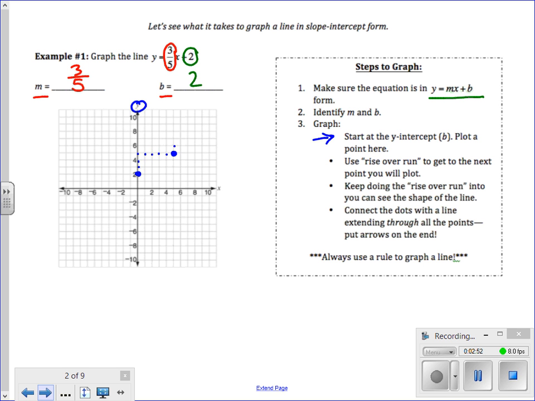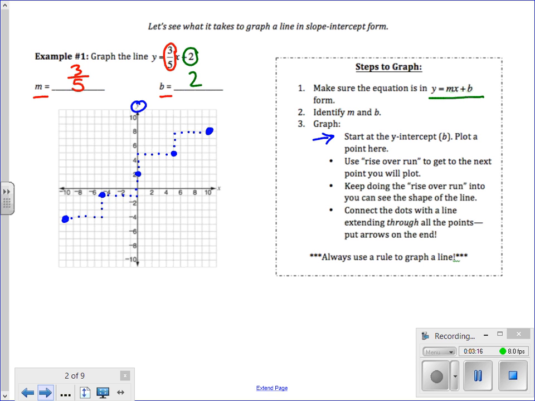So I continue to go up 1, 2, 3, over 5. Now I've gone as far as I can to the right, so I'm going to graph to the left. I do the opposite of what I just did. So I end up running the other way, down 3, running 5 the other way. Down 1, 2, 3, running over 5.